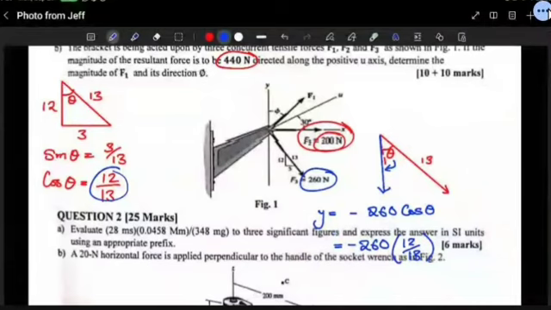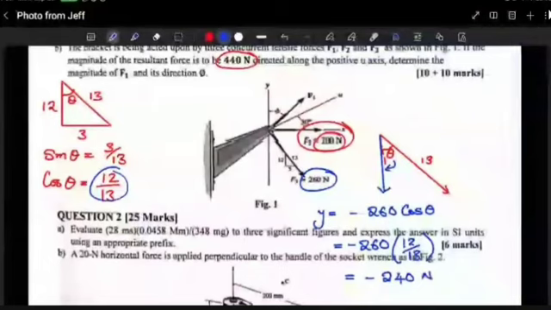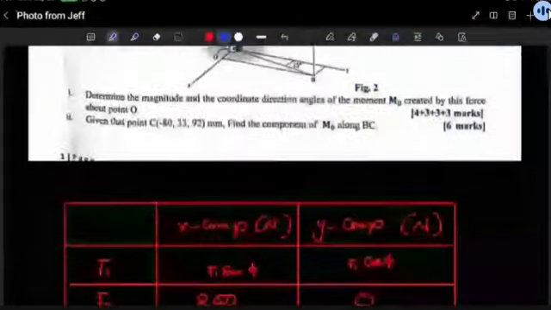12 over 13. This is the same as what? When you multiply, 240. So y component comes out as negative 240.